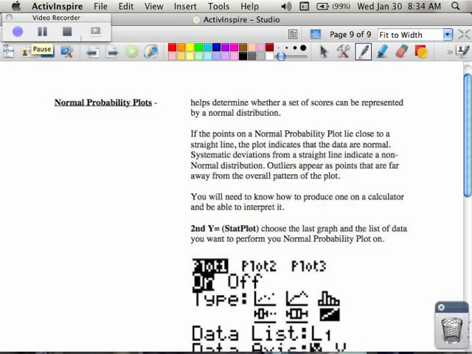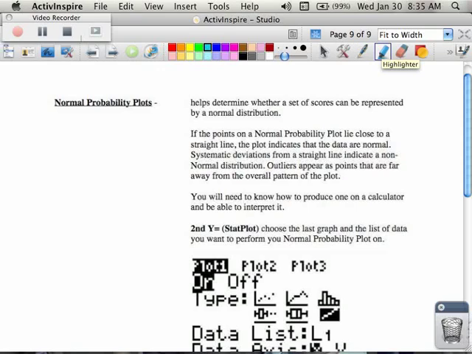Okay, in our last slide here, in the procedure on how to find a normal probability plot, this is going to help us understand if the data can be represented by a normal distribution, which was what Grayson was asking about. Is this stuff normal or not normal? And what you're going to find out is if the points on this plot look like a straight line, then you're good to go.